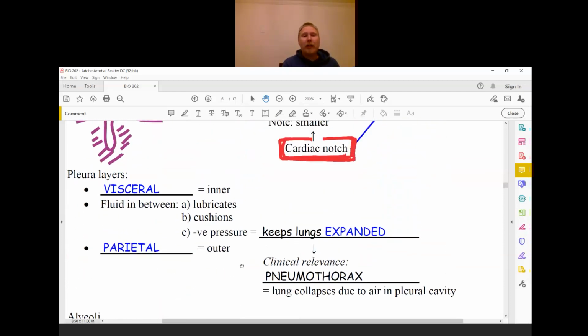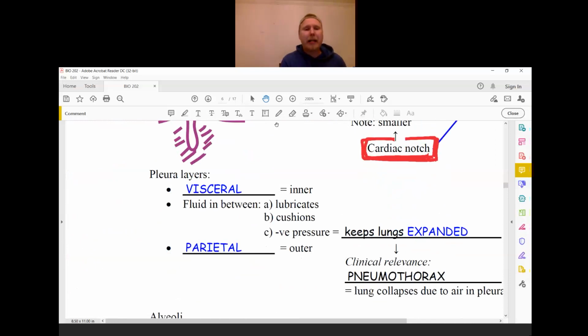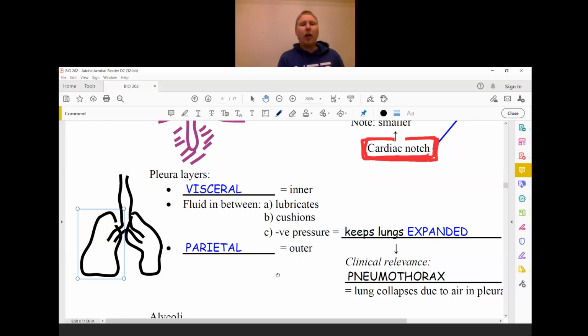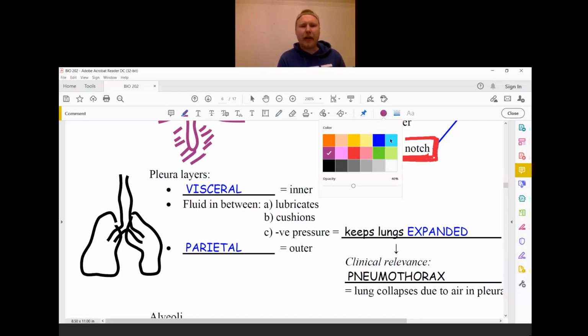Lungs are surrounded, and again, let's do a quick sketch. They're surrounded by pleura. So here is our lung, the right lung, our left lung with the cardiac notch, our trachea coming down, primary bronchi. And all this is surrounded by our pleura.